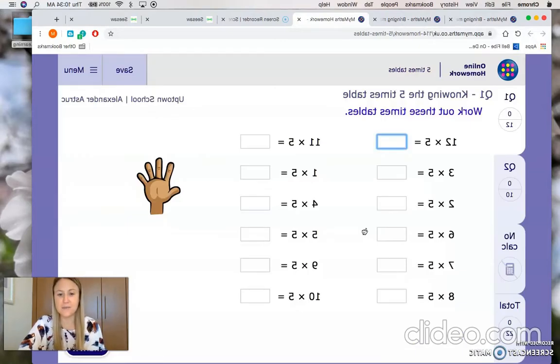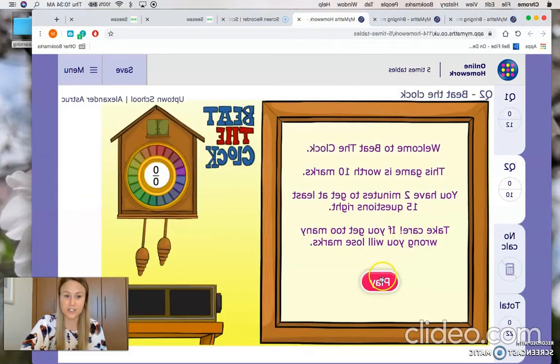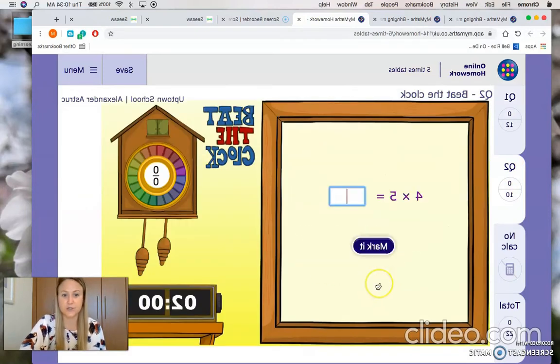So this is the main page that I would like you to focus on today. There's even a little hand for you to help you practice. So you will find some division questions when you go on to this question 2 to play this game. You will see some here, so feel free to have a guess.